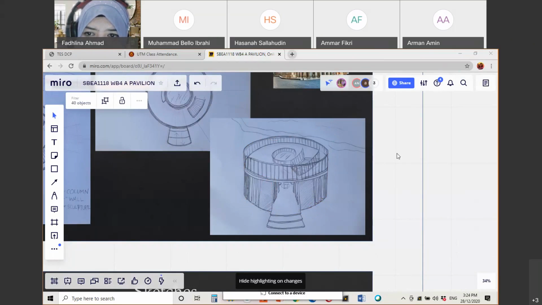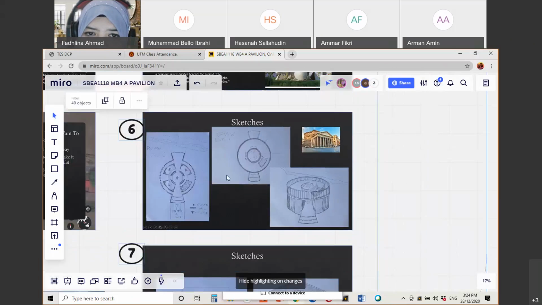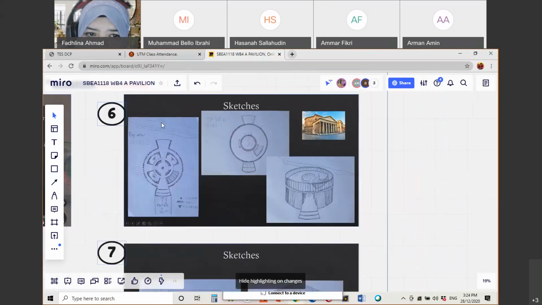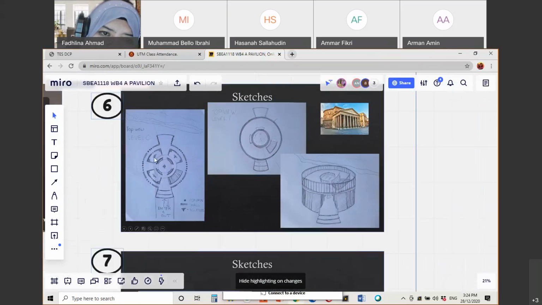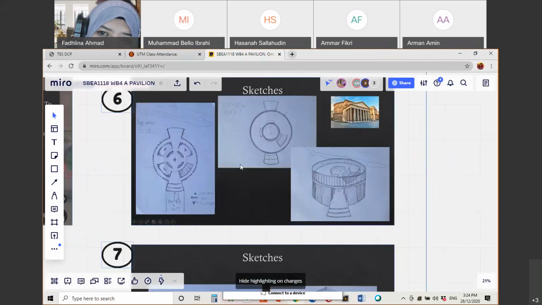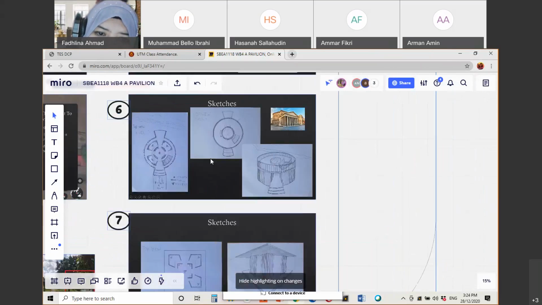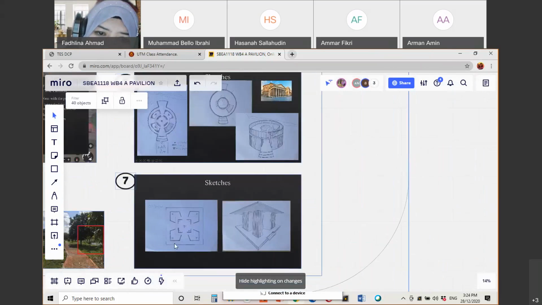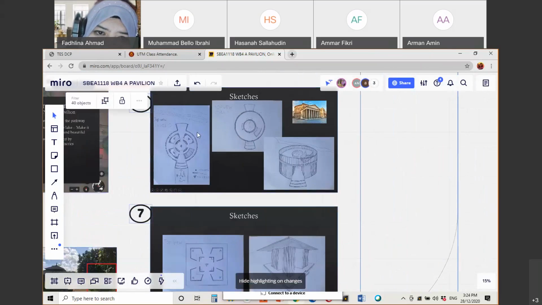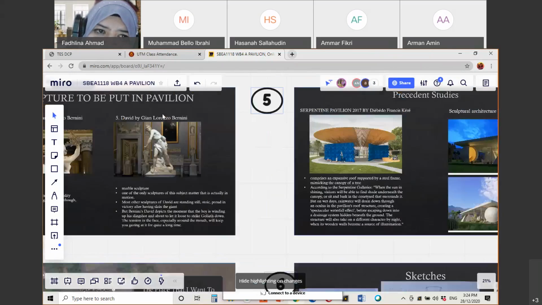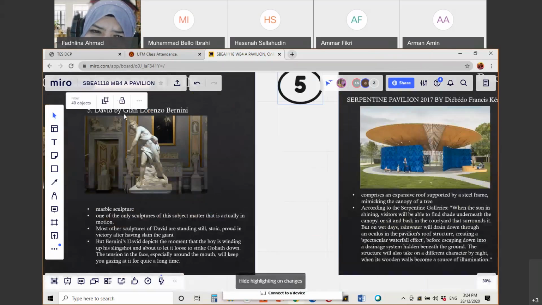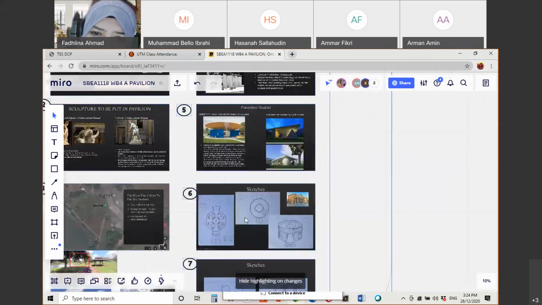So this one, I think it's quite a good beginning that you have managed to do, but please think more so that it will be more exciting. Alright? I think the first one can be developed more because it is more related to the dynamism, and the circular shape is also related to the sculptures that you have chosen.